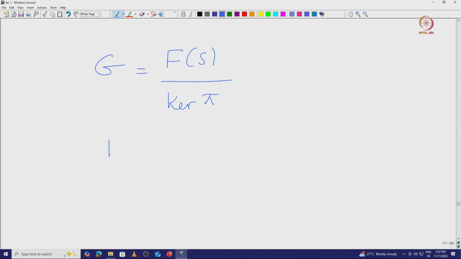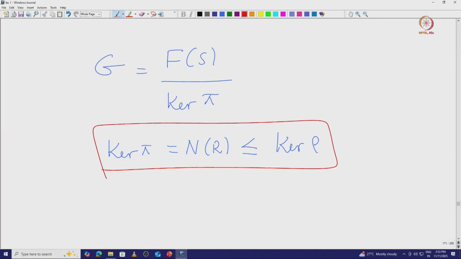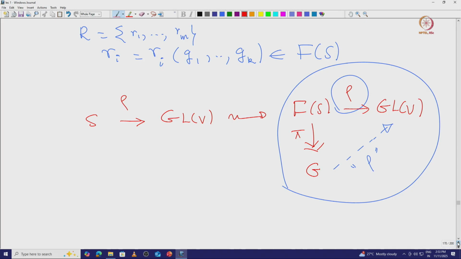So, as long as the kernel pi, which is the normal subgroup generated by the relations, is contained inside the kernel of this rho, then in that case we will be able to say that the above map indeed factors through.